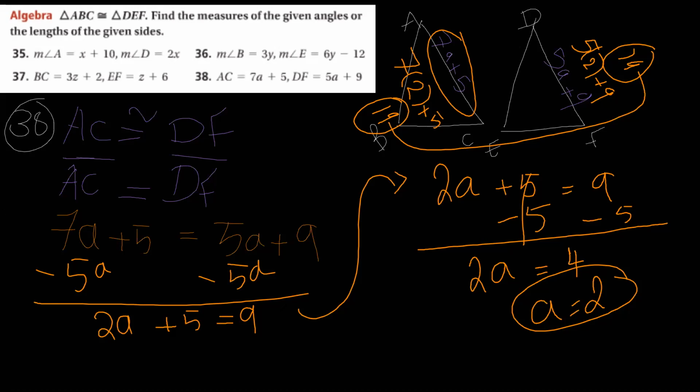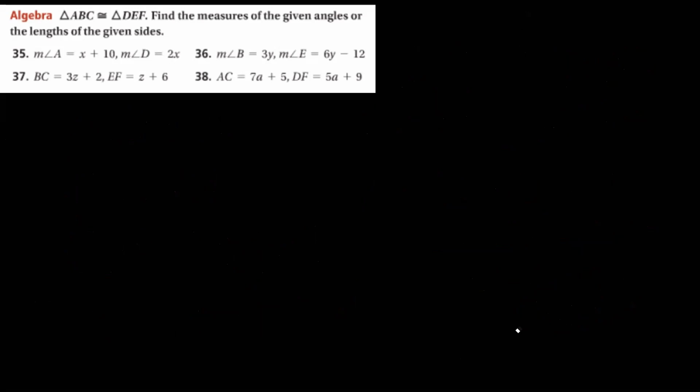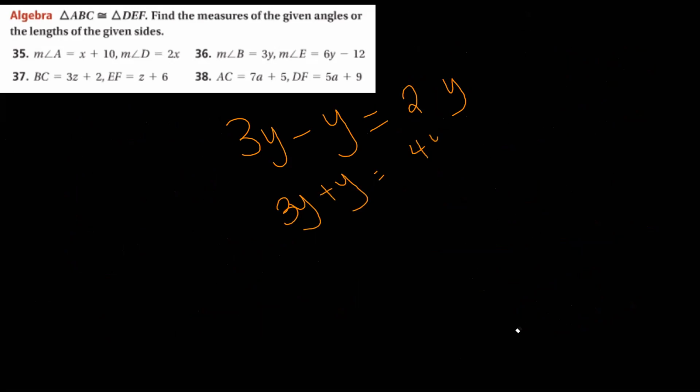Teacher, there's something like 3y divided by y. If you have 3y minus y, keep the y as it is, and it will be 2y. If you have 3y plus y, it will be 4y.